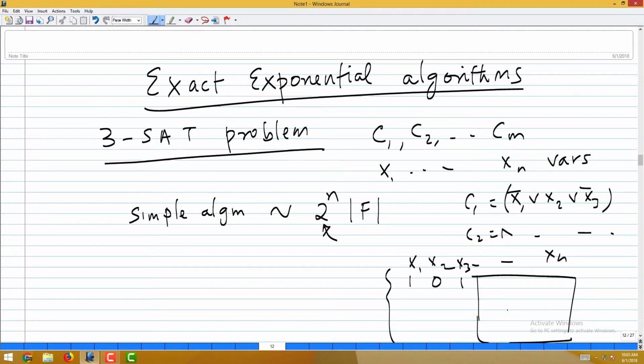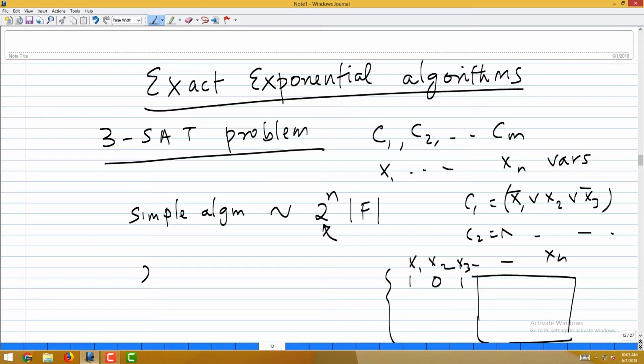How many of the 2 power n assignments has x 1 equal to 1, x 2 equal to 0 and x 3 equal to 1? 2 power n minus 3, because these 3 variables are fixed and the remaining variables are free. So, 2 power n minus 3 assignments you are not checking. Okay. So, that is your saving.